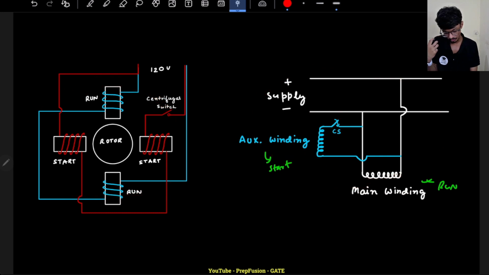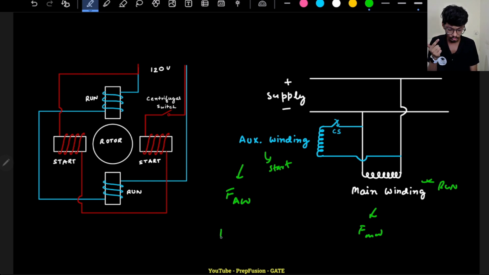So here, what is the torque developed? I know both of them will develop a magnetic flux, so both of them will develop mmf. Let's assume that the auxiliary winding develops an mmf F_AW and the main winding develops an mmf F_MW.